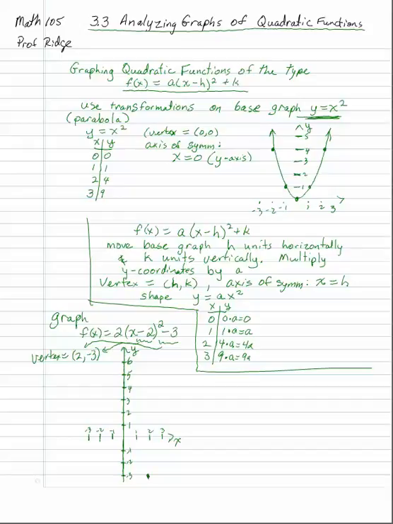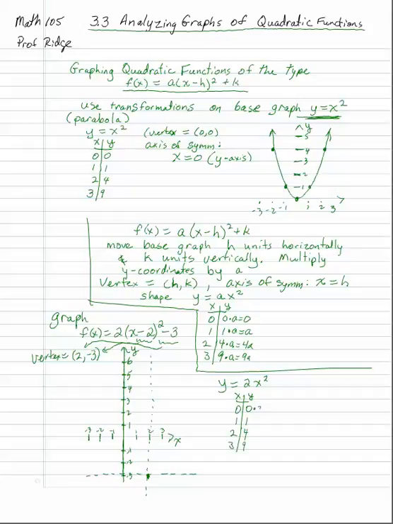And I also like to think of it as, instead of my translations, I'm going to pretend that's the origin. And now I'm going to use my base graph with the a scalar, so in this case it's y = 2x². So again, the base graph is (0, 0), (1, 1), (2, 4), (3, 9).